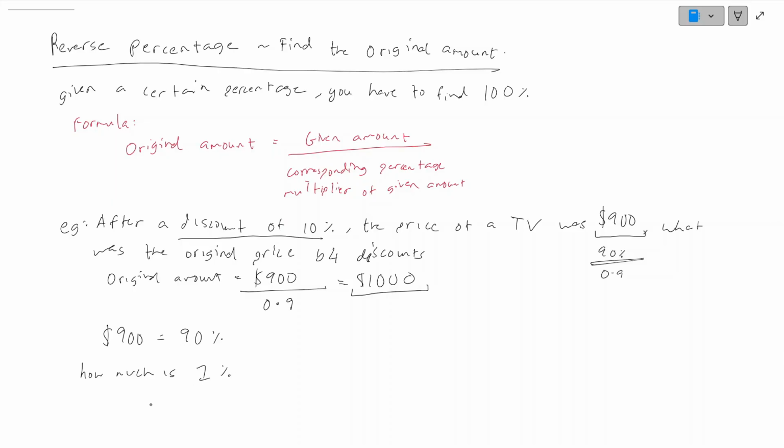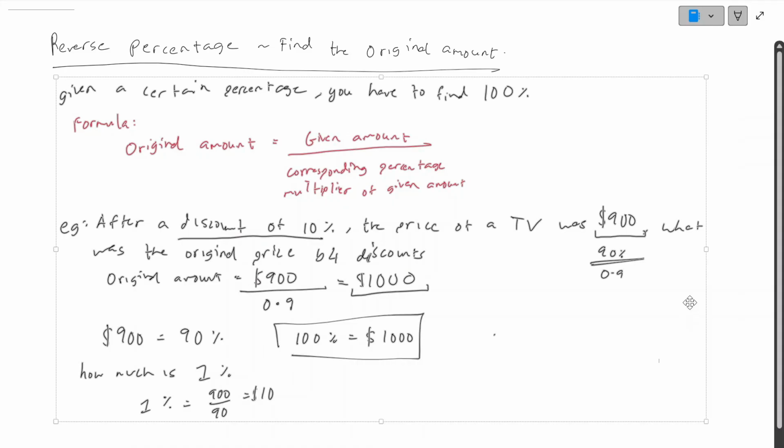And that will give you that 1% is equal to 900 divided by 90, which is just $10. So if 1% is $10, then to get 100%, you will multiply by 100. So the percentage then becomes 100%, and your price then becomes $1,000. That's the whole idea of this formula and where this formula comes from.